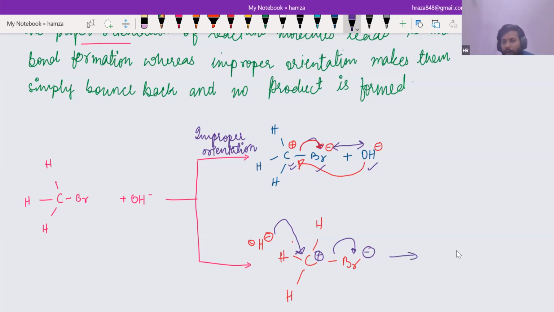So there will be bond formation. This will be OH, H, H, H, and Br minus will be here. So this is your proper orientation. In a reaction, there must be proper orientation so that product formation takes place. Otherwise, the product formation will not take place.